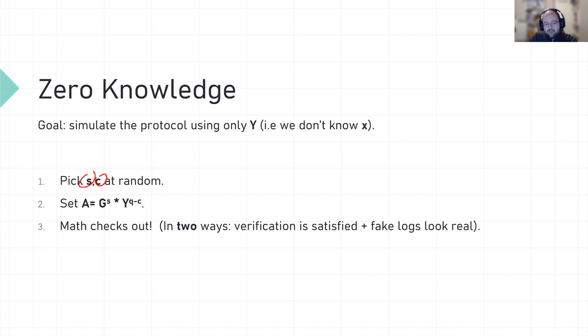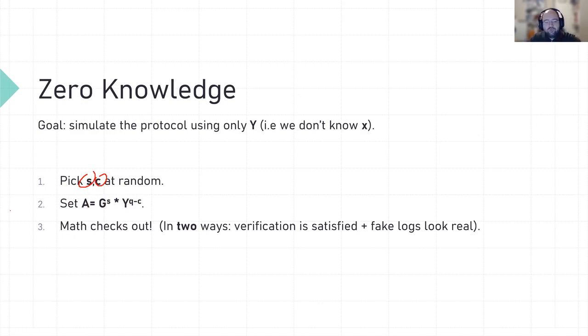So flipping things around, we had G to the S equals A times Y to the C. Flipping this around, we get A equals G to the S times Y to the q minus C, which is essentially a fancy way of saying Y to the minus C. And we have faked the protocol.